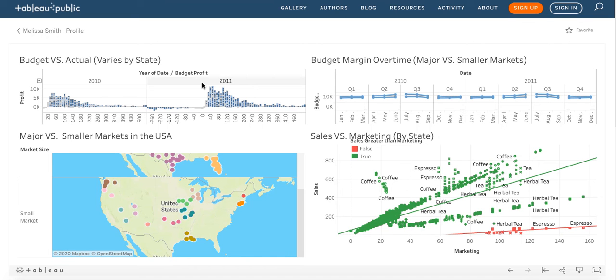So, to begin, the top left corner, right over here, is my budget profit versus actual profit, which also varies by state.